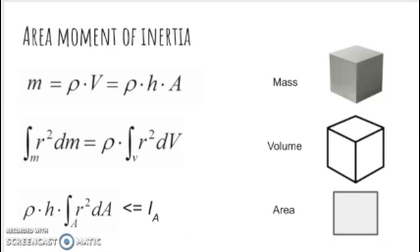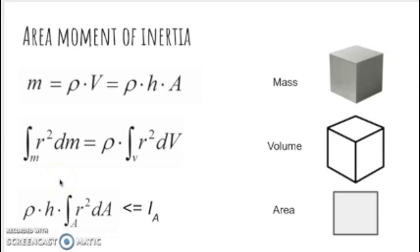So if I replace this mass in the equation of mass moment of inertia, I can write this equation as density times the integral of r squared with respect to the differential volume. And analogously, I can write this equation as density times height times the integral of r squared with respect to A. And this term is called the area moment of inertia.